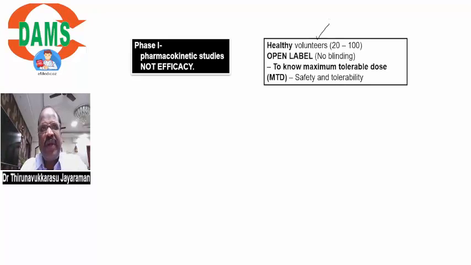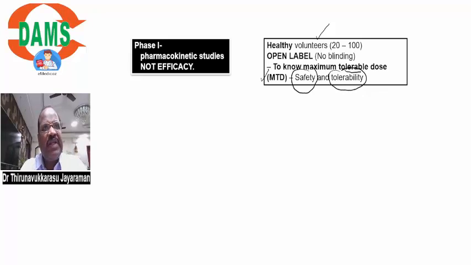So in phase 1 trial, we are just including volunteers to assess whether the drug is acceptable by human beings. That means to know the tolerability of the drug and to know the tolerable dose, maximum tolerable dose, MTD. And the main aim of phase 1 is to assess the safety and tolerability of the drug.